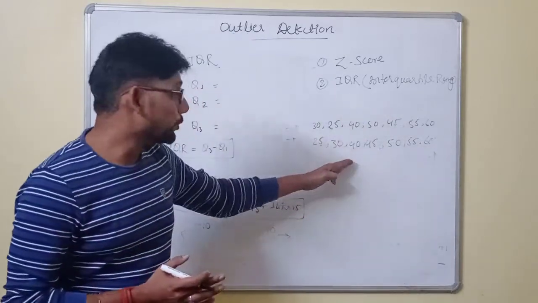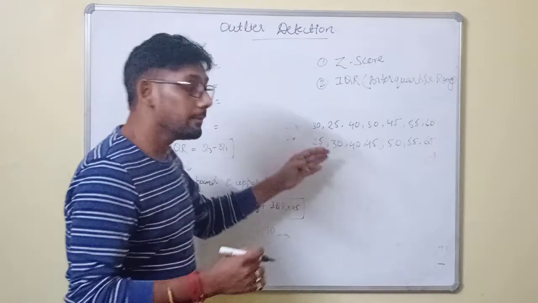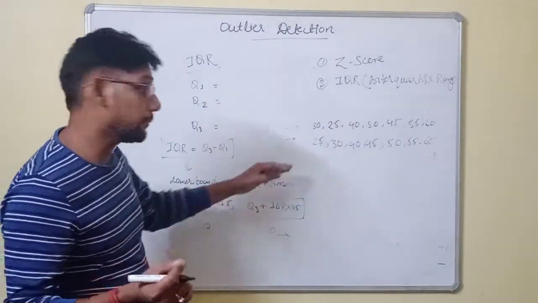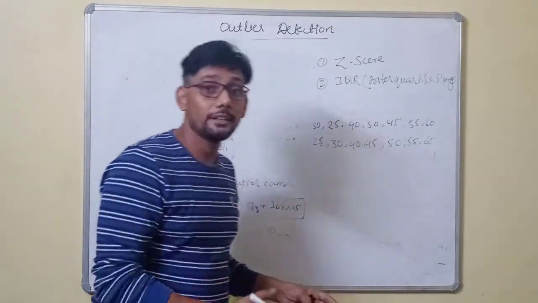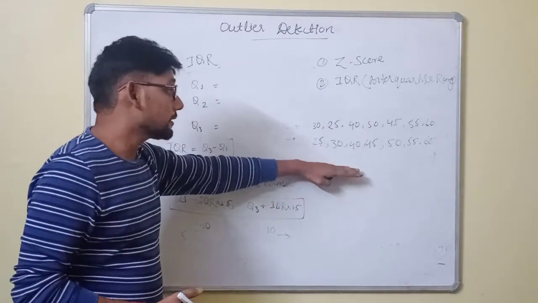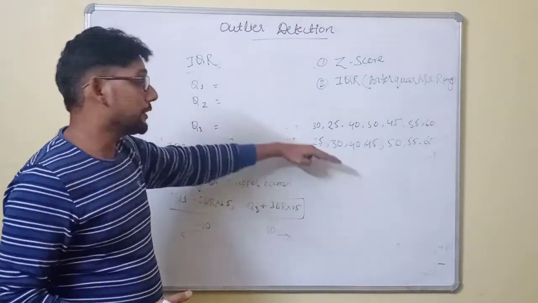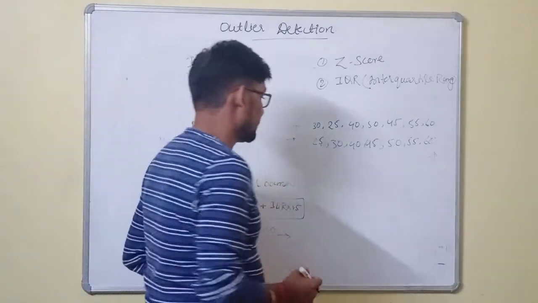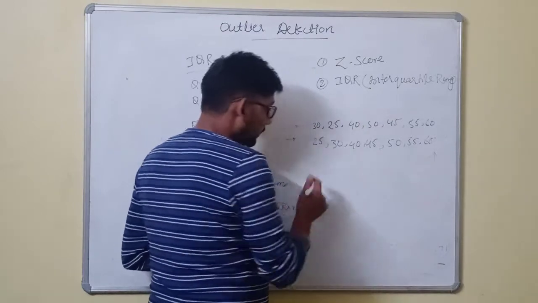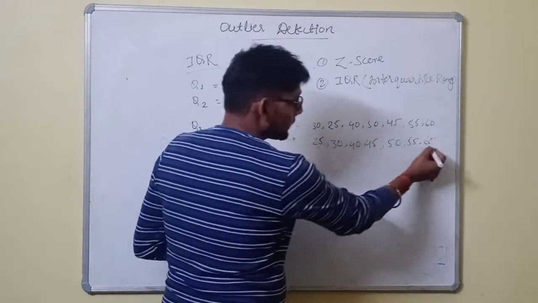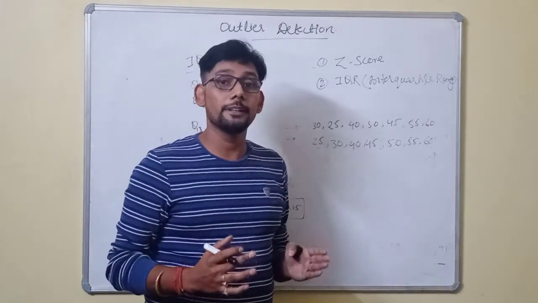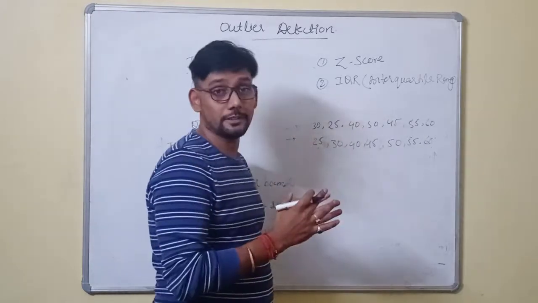If you don't know about mean, median, mode, it's a very basic statistical concept. I recommend you look it up on the internet, or if you wish, I will upload a small video describing mean, median, mode. So this is the 0 percentile, this is the 100 percentile, and the middle point, the median, is the 50 percentile.